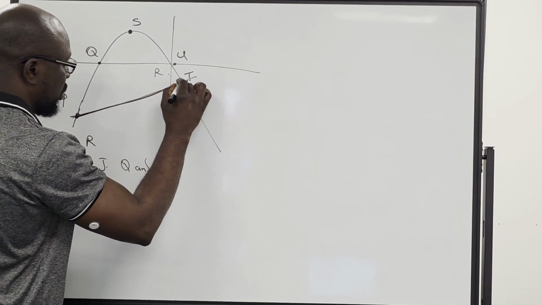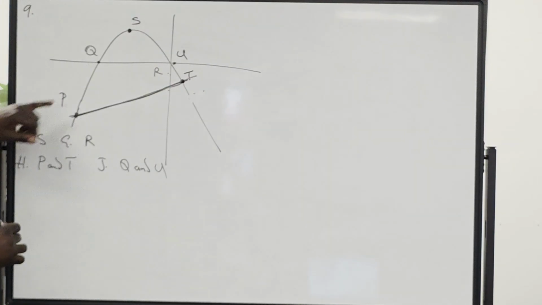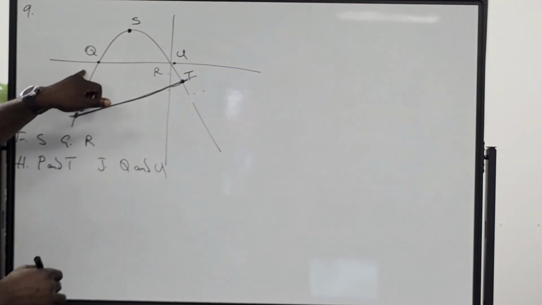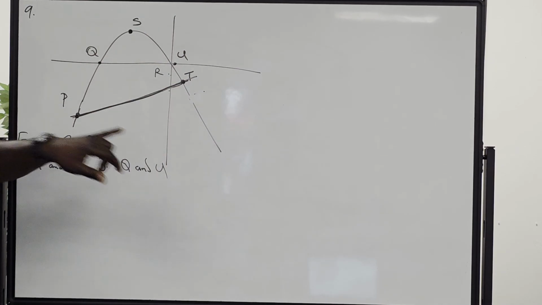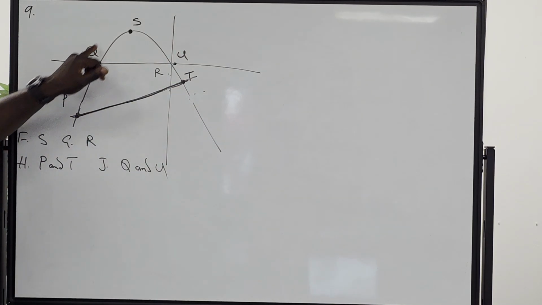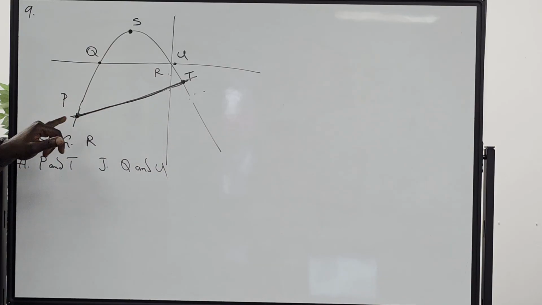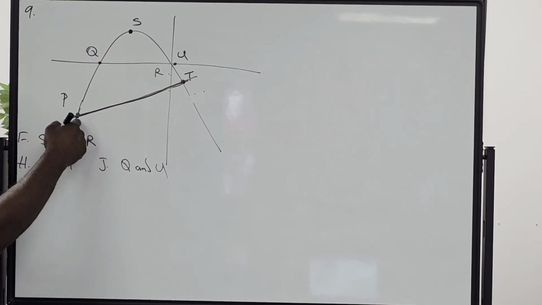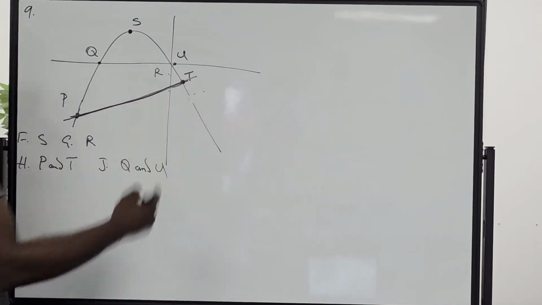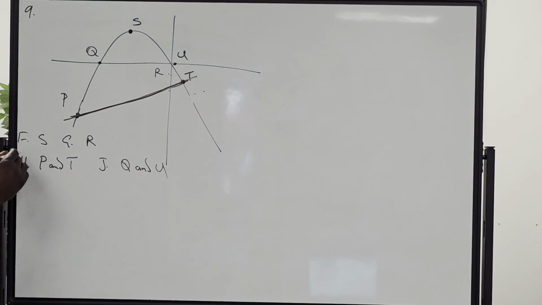That will be your solution right there. It cannot be this. This is just a graph, so it can't be this. It cannot be U because it's just a graph. It's not actually a line. The lines you plot are this line right here and this line right here. And where you cut across, this point and this point is where your answer is. So your answer is P and T.